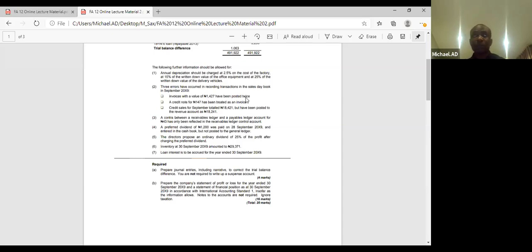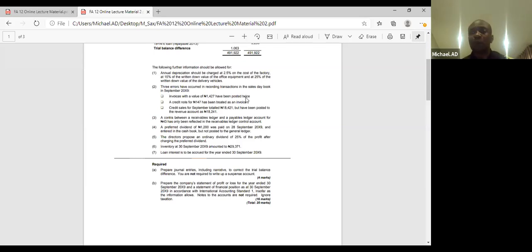Hence, we debit our accounts payables with 1,427 naira and credit our purchases with 1,427 naira. This posting will delete the second one that we posted, leaving just one posting.